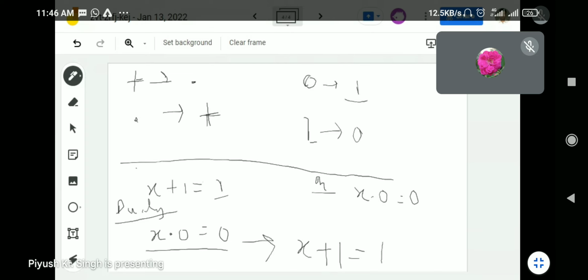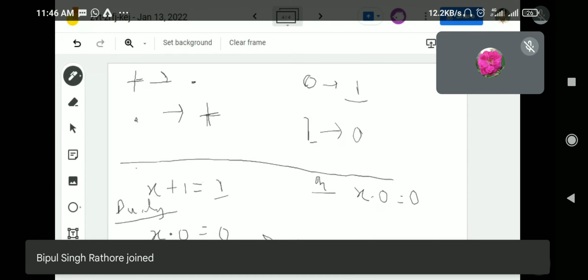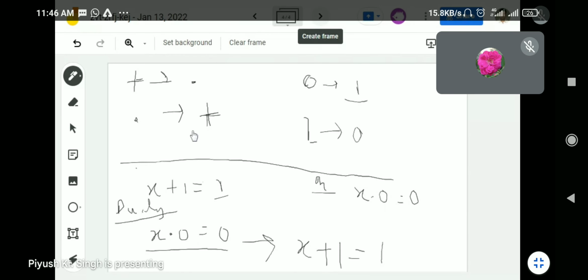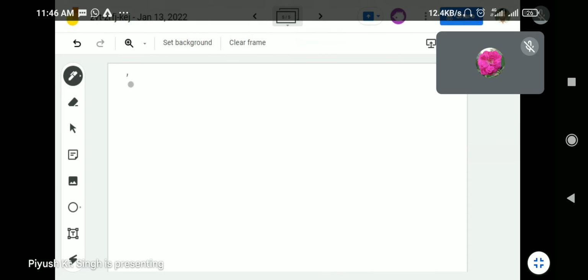Okay, now prove that x bar bar is equal to x.